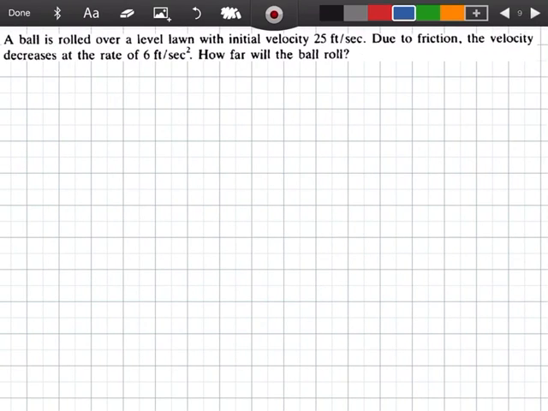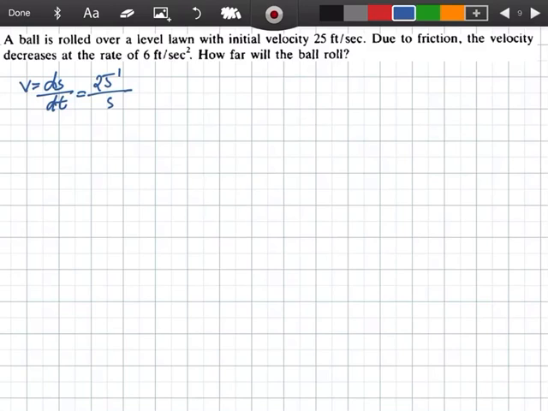Quick one. Okay, next one. Number 7. A ball is rolled over a level lawn with an initial velocity of 25 feet per second. So, our lesson earlier: velocity is ds over dt, and ds over dt is 25 feet per second.